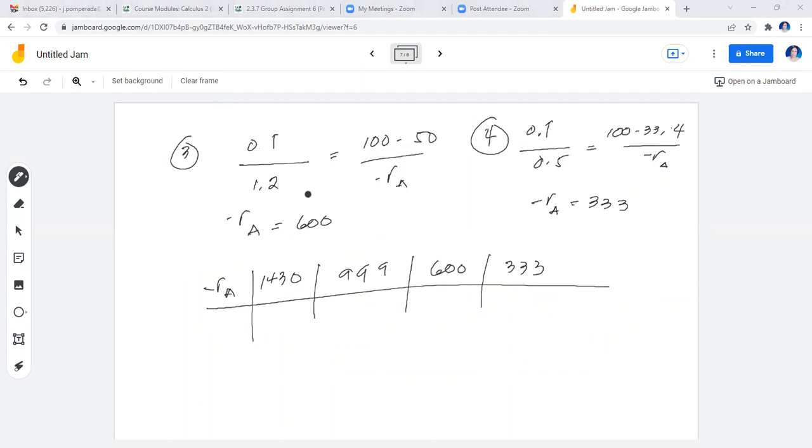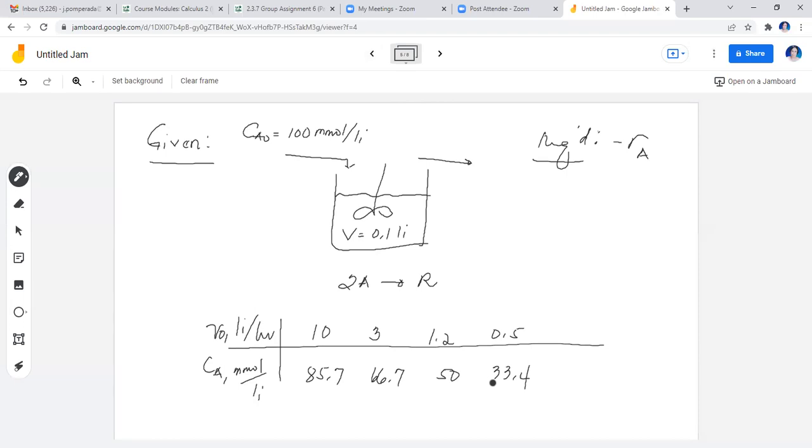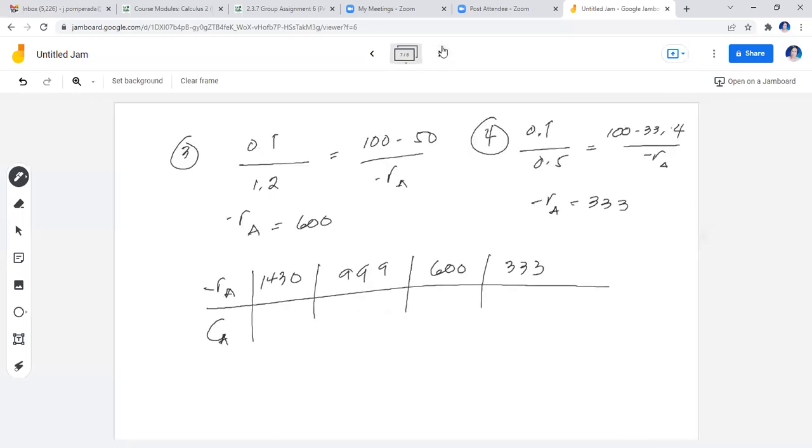Concentration. Correct, you need the concentration. So the concentrations that we used here, I will pair with the rate: 85.7, 66.7, 50, and 33.4.